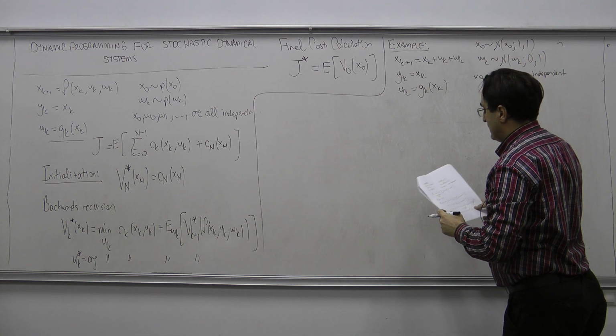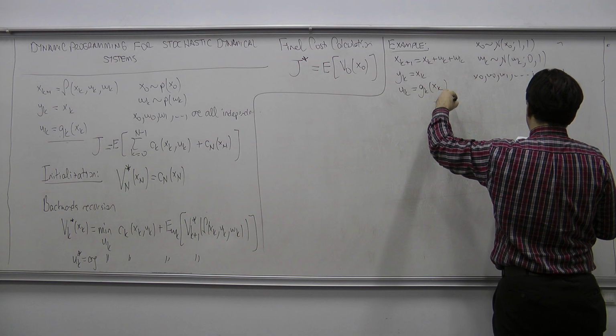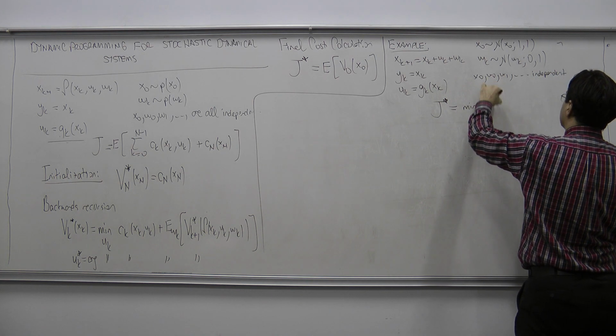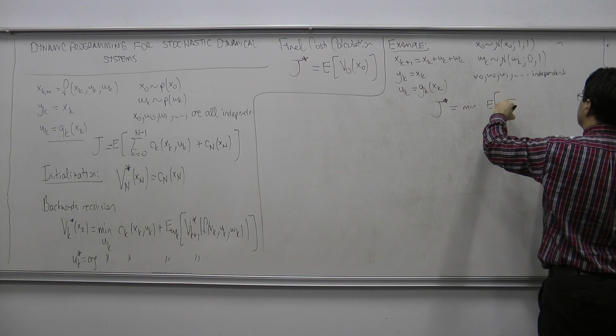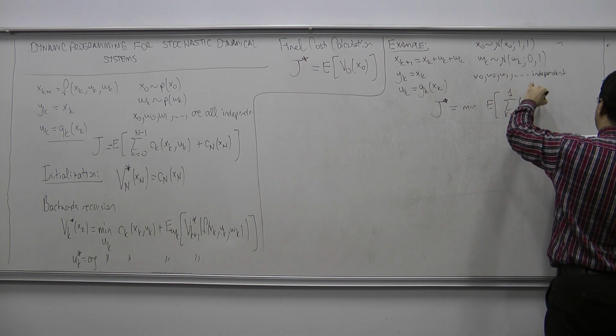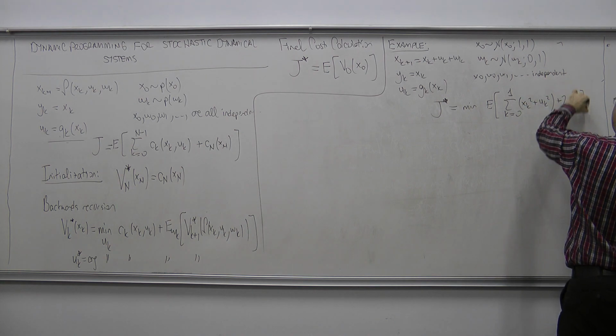Okay? And in this case, I need to find the optimal cost, J star. I need to minimize the earlier cost that we have used, the sum for k from 0 to 1 of x_k squared plus u_k squared, plus 2x_2 squared.